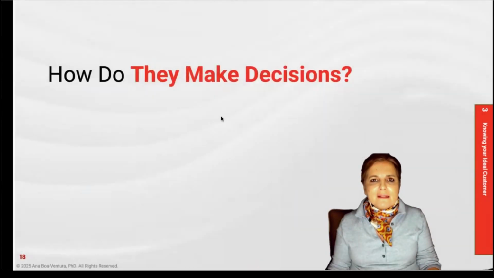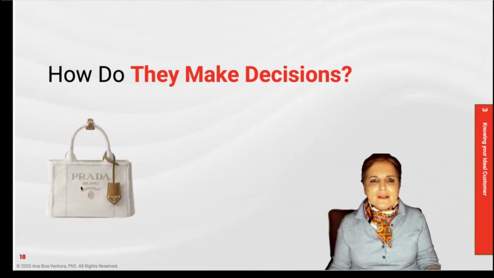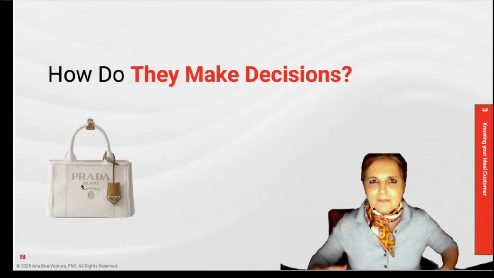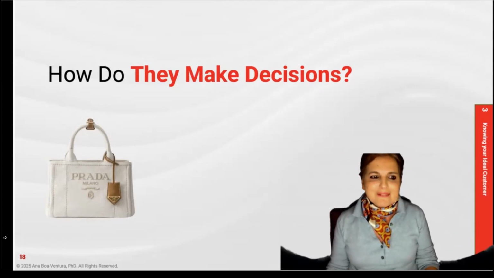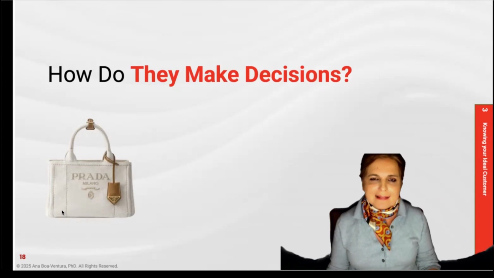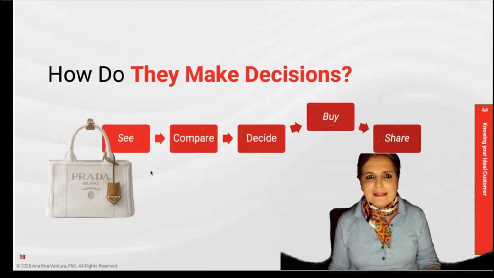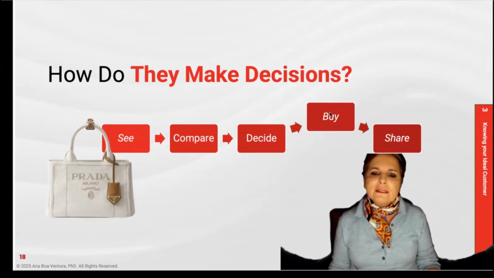And how do they make decisions? It's important for you to know, right? So they see something. Let's imagine, maybe this will resonate more with my female audience, but they see a Prada bag. They see something they covet, right? And from there, they will compare, they will decide, and then eventually they will buy.